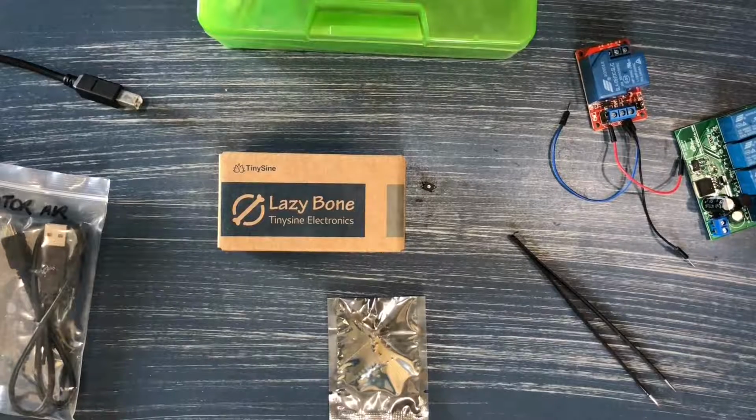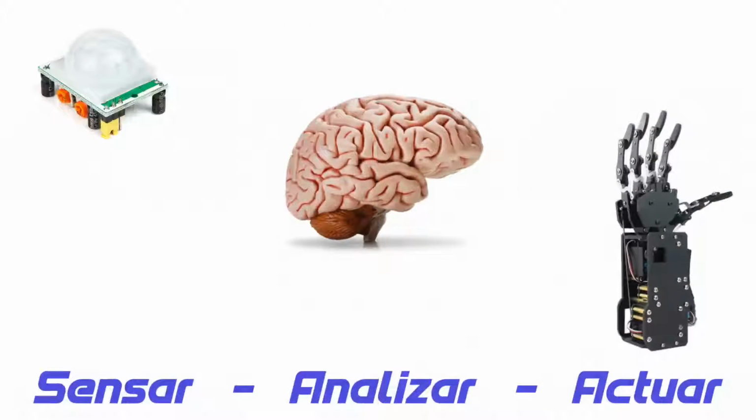Okay, so we looked at relays, we looked at Wi-Fi shields, motors, LEDs, and in the end we looked at more consumer grade devices such as the lazy bone and the motor air, which come pre-programmed with certain commands that you have to send them in order to make them active or not, and they usually come with some mobile app or some kind of software interface that is used to send those commands.